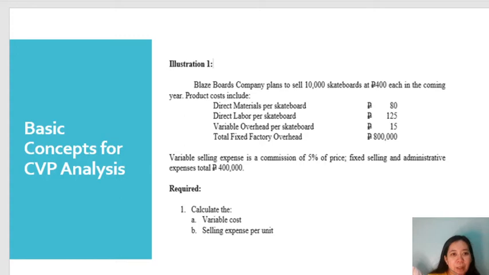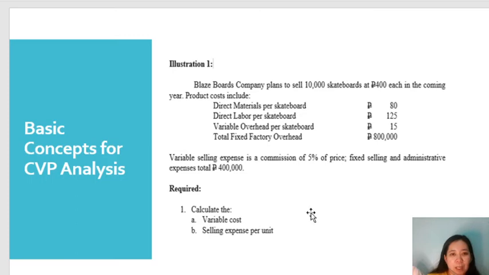Our direct materials per skateboard is 80. The direct labor per skateboard is 125. Variable overhead per skateboard is 15. And the total fixed factory overhead is 800,000.